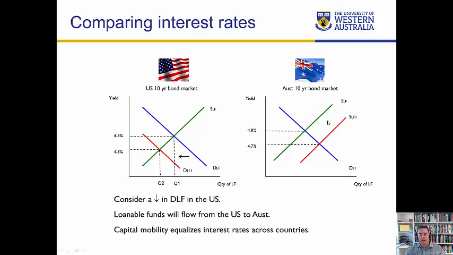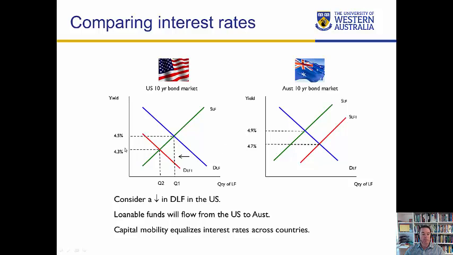And so that's why I've drawn an outward shift in the supply curve of loanable funds in the Australian bond market. So as the supply curve for loanable funds shifts to the right by the distance Q1 minus QF, that drives the yield on Australian bonds down as well.